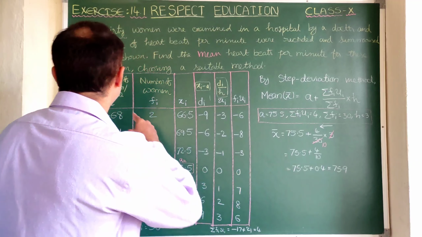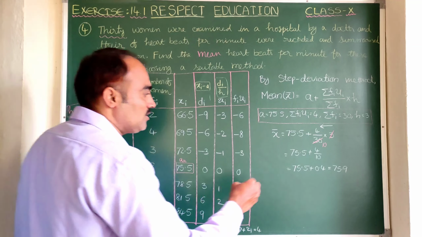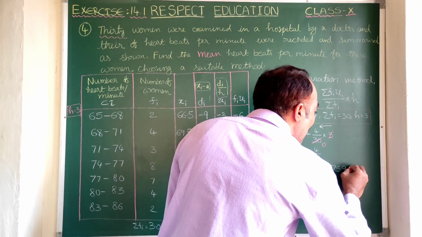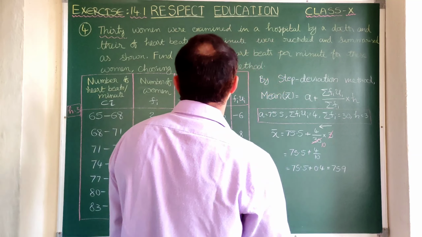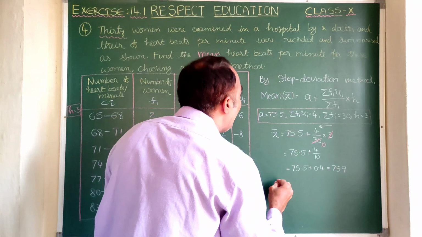75.9. Here you see the units. These many heartbeats per minute. So 75.9 heartbeats per minute. Let us write the conclusion here. See here, find is there. Let us cancel the find.